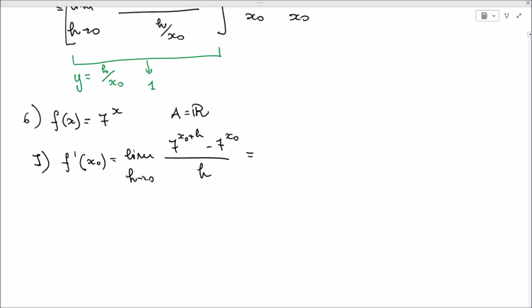Factoring out 7 to the x naught, we have the limit as h goes to 0 of 7 to the h minus 1, divided by h. But we know that this is simply the logarithm of 7. So we finally have 7 to the x naught times the logarithm of 7. And we'll leave as an exercise to apply the second definition of differential to find the same result.